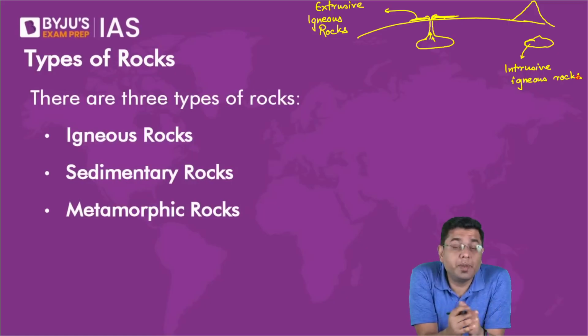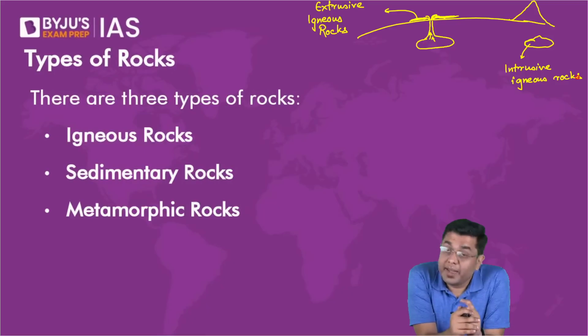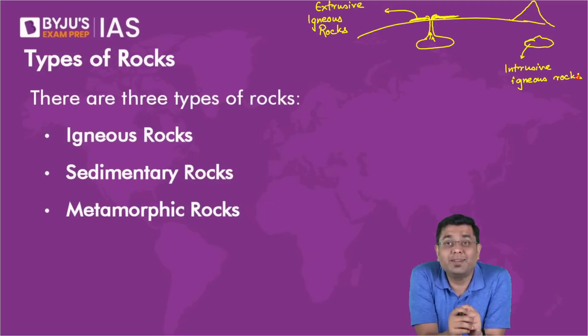And that is how the rocks would be created. So, igneous rocks, whenever a new landmass is created, it is always in the form of igneous rocks. That is why igneous rocks are also known as primary rocks, the first kind of rocks, the basic kind of rocks which have been created.